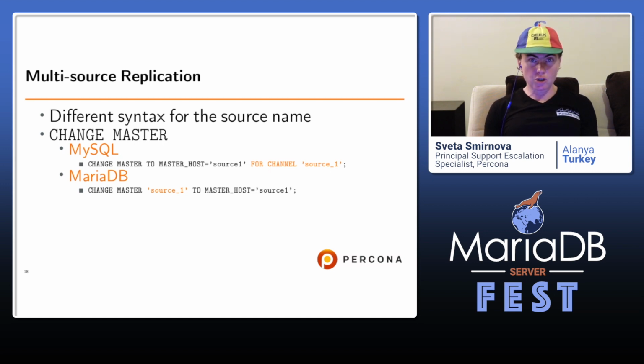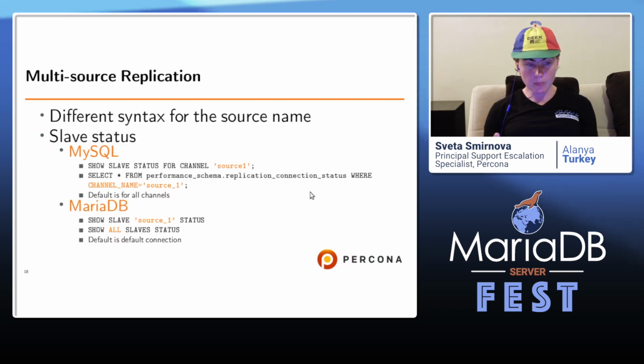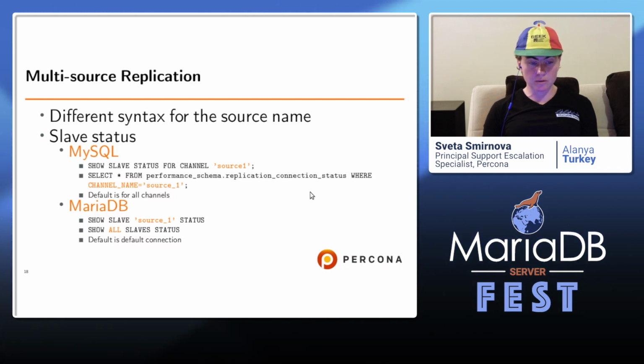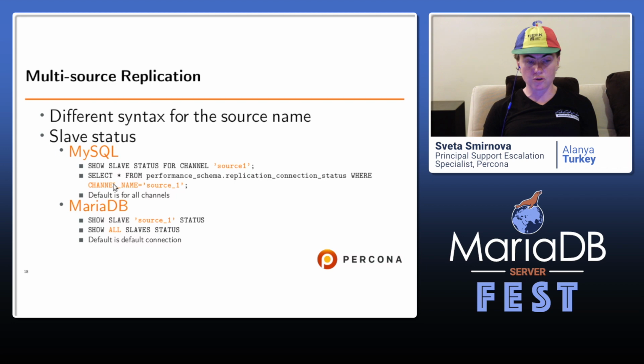Multi-source replication is again supported by both products, but it has slight differences in administrative statements. For MySQL, it's CHANGE MASTER TO MASTER_HOST source 1 FOR CHANNEL source 1, and in MariaDB, CHANGE MASTER source 1 TO MASTER_HOST source 1. SHOW SLAVE STATUS in MySQL by default shows all channels, and if you want to see slave status for just a single channel, you have to specify it.